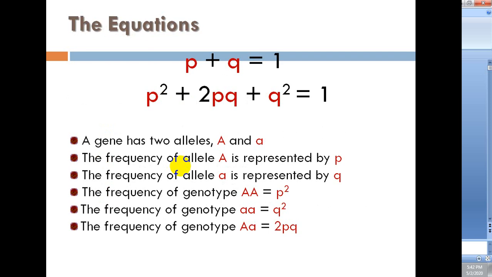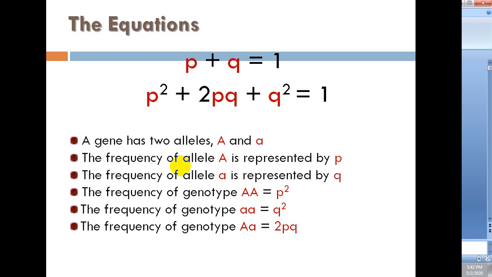Now, as per this Hardy-Weinberg principle, there is one equation: p plus q is equal to 1, and p square plus 2pq plus q square is equal to 1. Now what are p and q? A gene has two alleles, one a dominant allele and another a recessive allele.